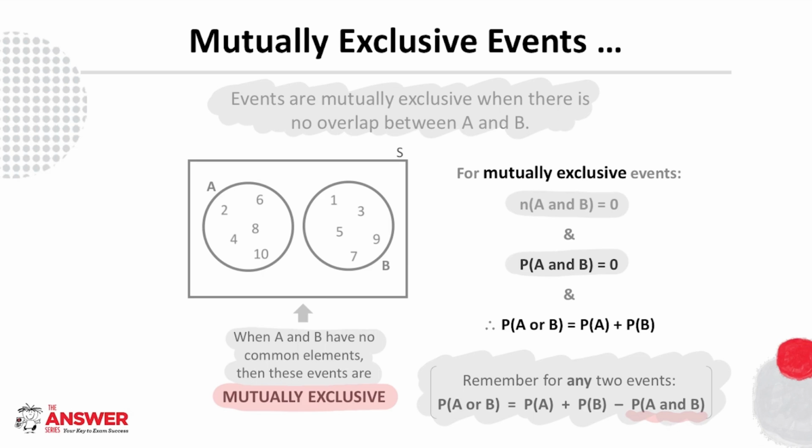And so it is true to say for mutually exclusive events that P of A or B equals P of A plus P of B. And so if you need to prove events mutually exclusive, you can prove either this true or this true. Or if you are told events are mutually exclusive, then you can claim either of these two equations to be true.